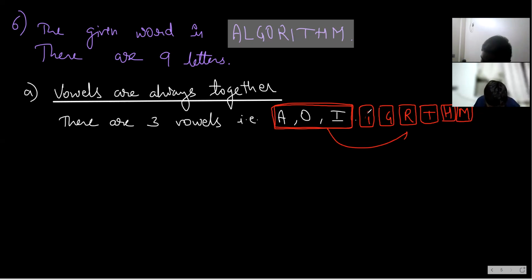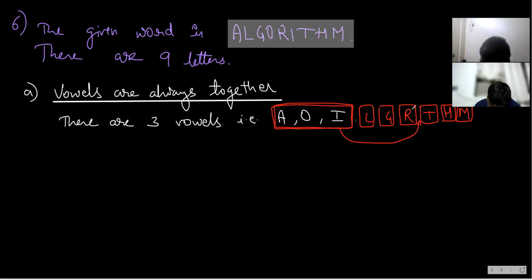The arrangement will be in these 6 units. So wherever it goes, if I want, I can keep AOI after R. Yes, it can come here.